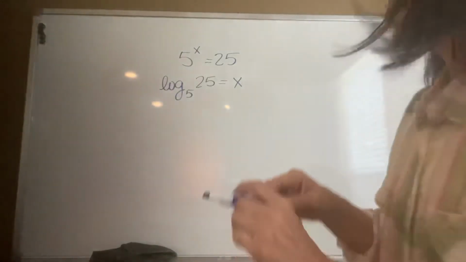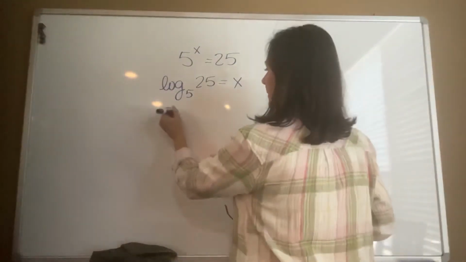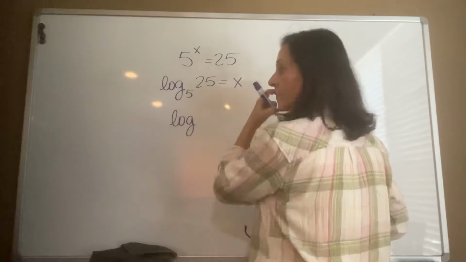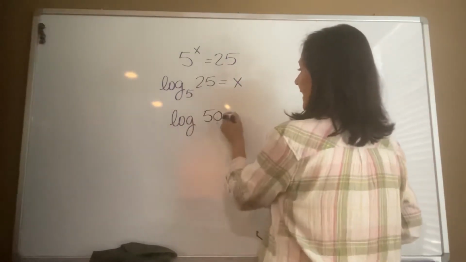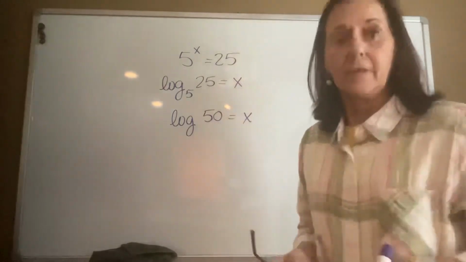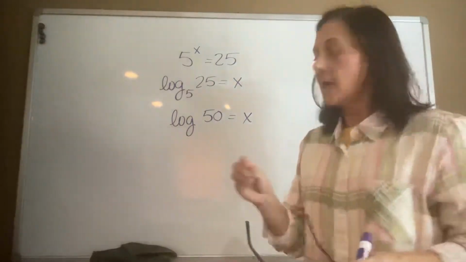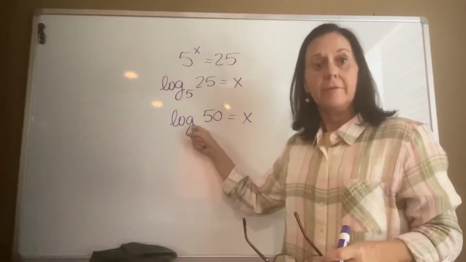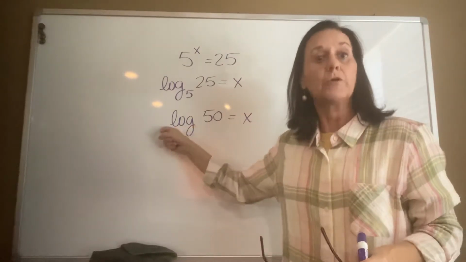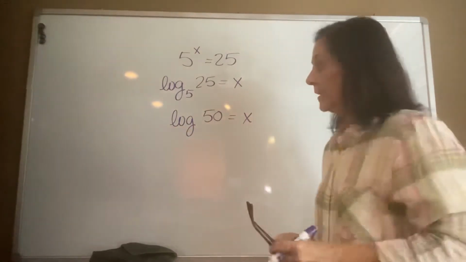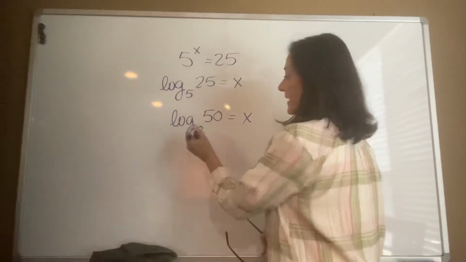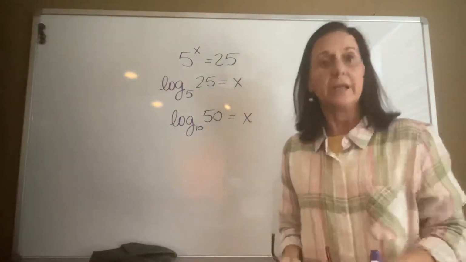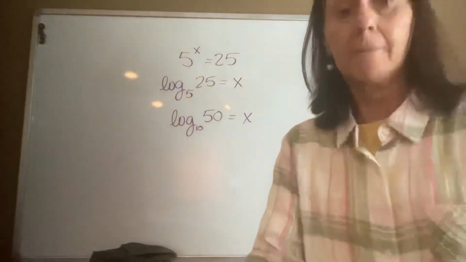Well, let's suppose that I had log of 50 equals x. 100% of the time when there's no base written, the base is 10 when we're using logs. So 10 is the standard. It doesn't have to be in the equation if your base is 10.